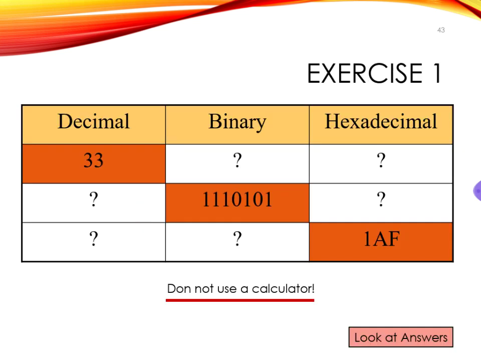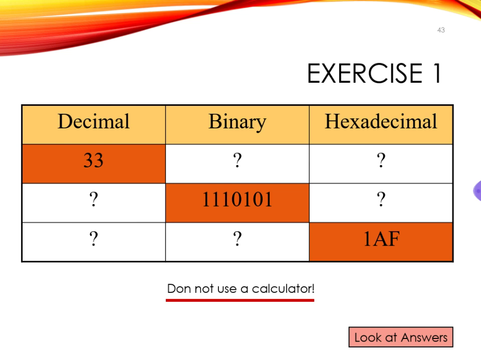So there is an exercise for you. You have a table where you are given a decimal number. You find the equivalent binary and hexadecimal for it. You have a binary number, 11100101. You find the equivalent decimal and hexadecimal. And then you're given a hexadecimal number 1AF. You find the equivalent decimal and binary.